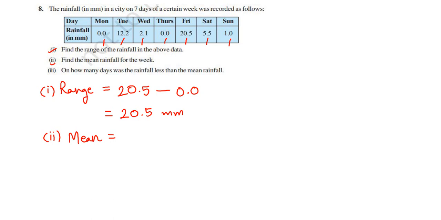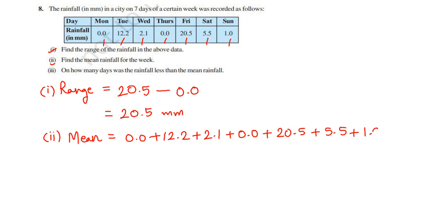Here the different observations are 0.0, 12.2, 2.1, 0.0, 20.5, 5.5, 1.0. So all these numbers are to be added and then to be divided with 7. The number of observations are 7.